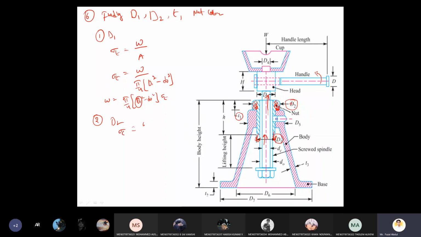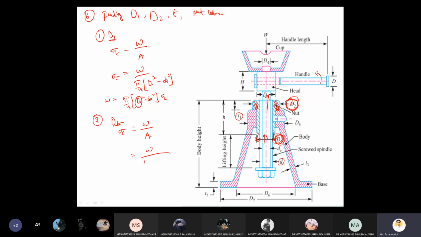That is load by area. What is the area here? While taking the area, at d1, while calculating d1, we need to consider d1 and d0. While calculating d2, we need to consider d2 and d1.